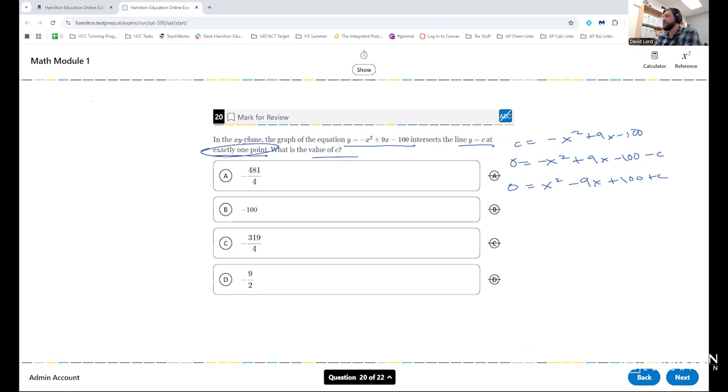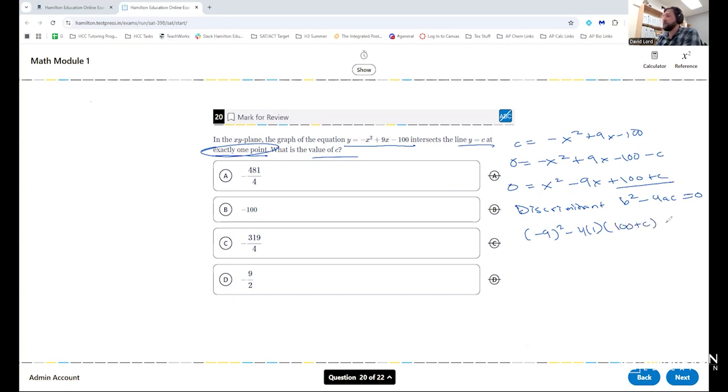All right, but because it's exactly 1 point, I'm going to do a discriminant test. Specifically, I'm using the part of the quadratic formula known as b squared minus 4ac. I will set it equal to 0 because there's only one solution. So from here, b is negative 9. So negative 9 squared minus 4 times the a value, which is now positive 1. And the c value is not c, but 100 plus c.